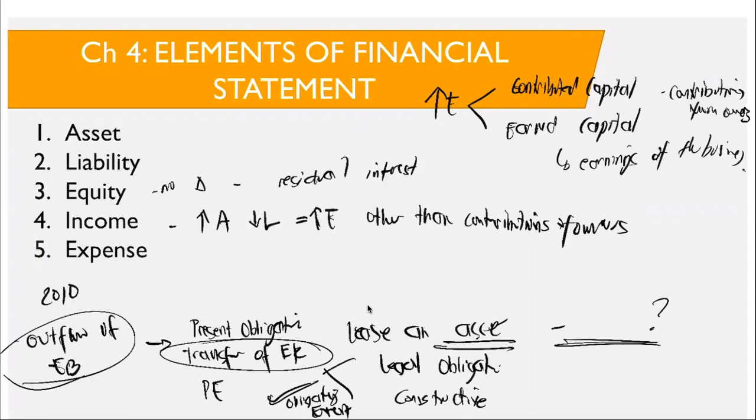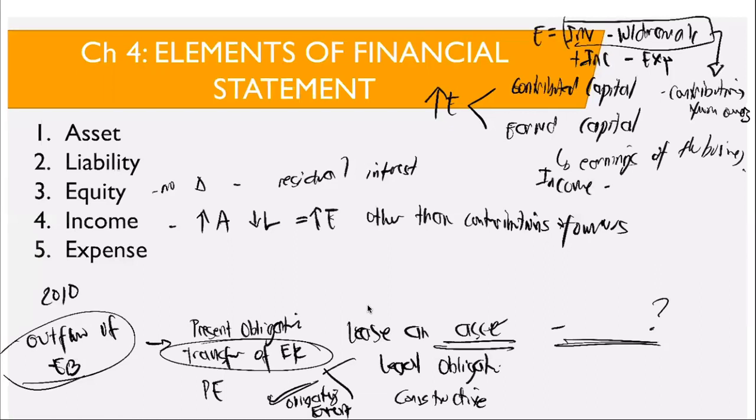So your equity is composed of contributions plus earnings. Remember, in your AE 100, how do you compute for equity? That is equal to your investment less withdrawals plus income less expense. Investment less withdrawals talks about your contributed capital, while income less expense talks about your earned capital. So if there is an increase in equity, that must be either from contributed or earned.